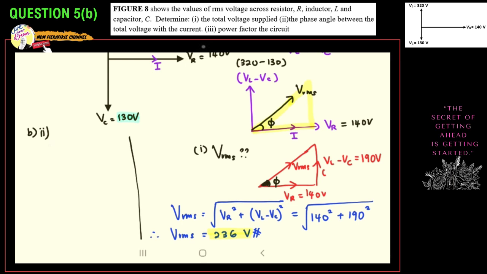Okay, so let's say kita guna cos phi is equal to VR over VRMS. So phi is equal to cos inverse, okay, so VR is 140 over VRMS is 236.